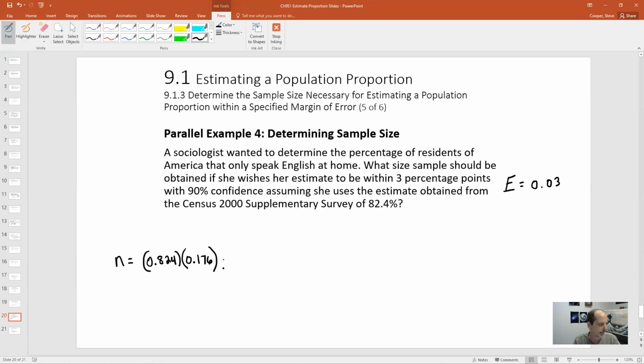And then we've got to take that times, not the square root, we need Z of alpha over 2. Okay, so we said that's 1.645.